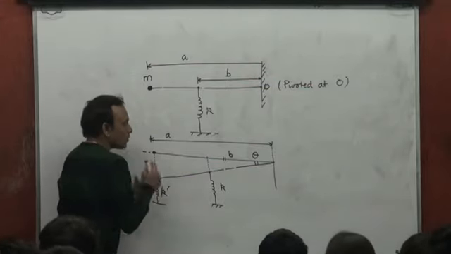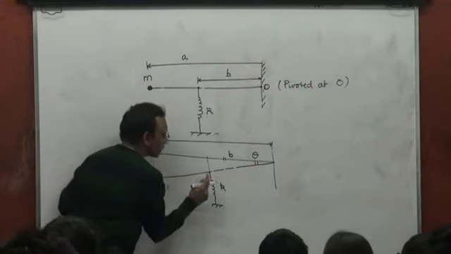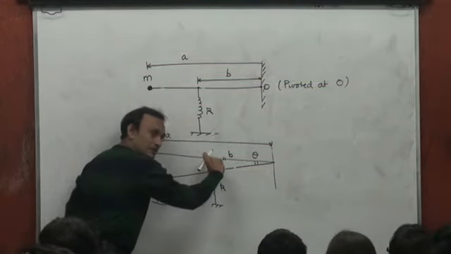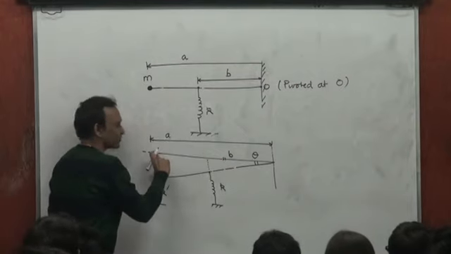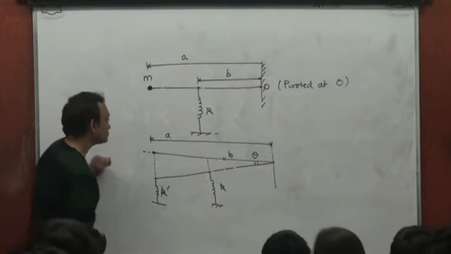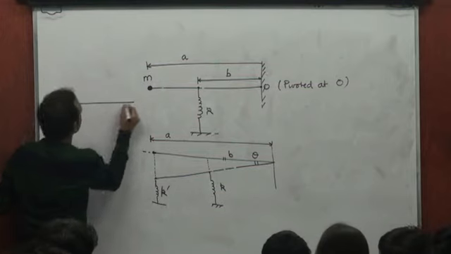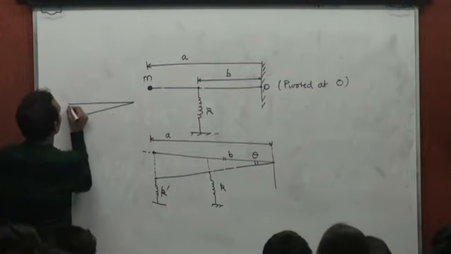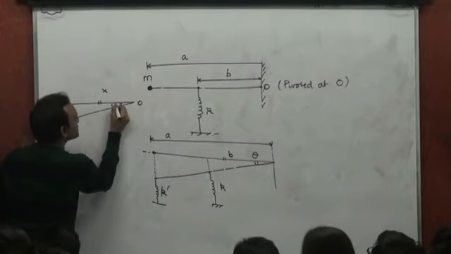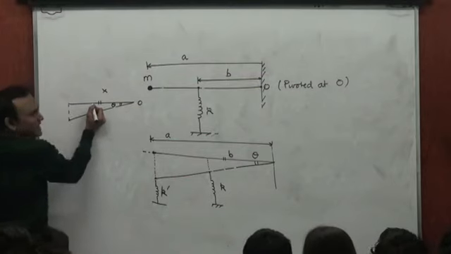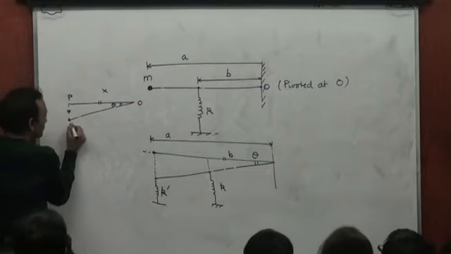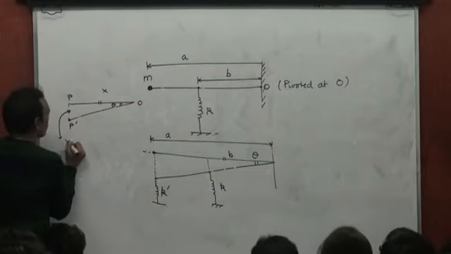Now, in this case, if the spring was here, it would have got compressed by this amount. And when the spring is here, it would have got compressed by, yes or no? At a distance x from the pivot, if this angle theta is small, for a point P, this length is going to be x tan theta, yes or no?